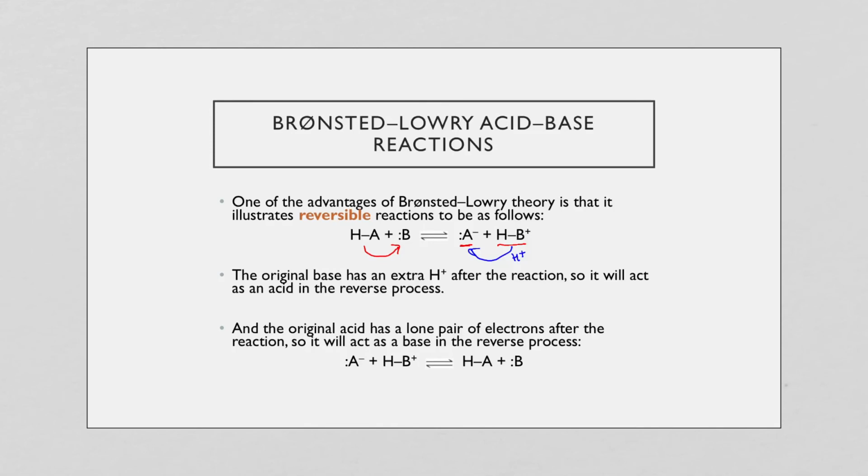Now, this also sets up pairs, right? So if we look at this material here and this material here, these are a pair. It starts as this and becomes this.